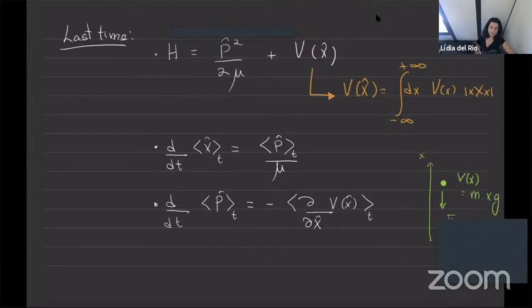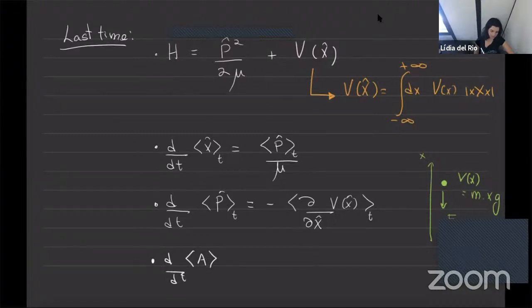Think of it as really the force that the object feels in the classical case. And we saw that in general, if you want to know how the average of some observable changes in time, this was i over h bar times the expectation of the commutator of H and A, and then you can replace these things for this particular potential Hamiltonian.